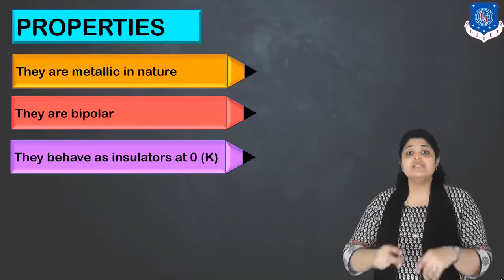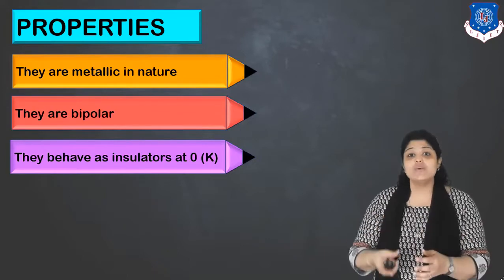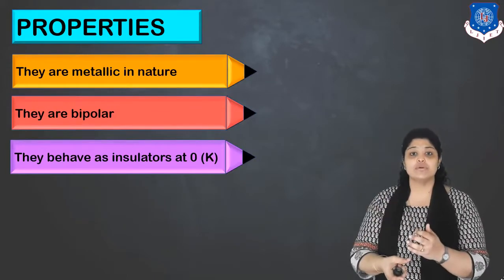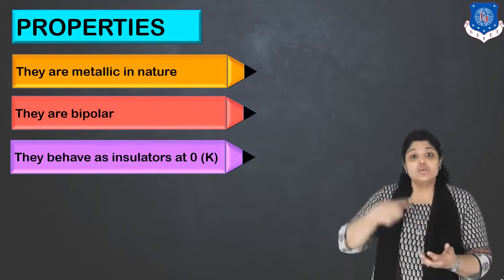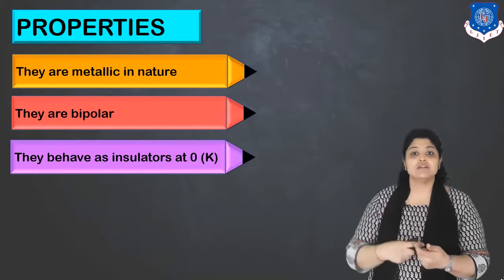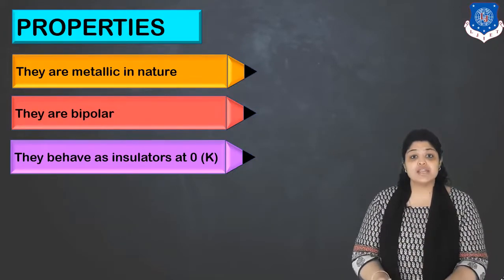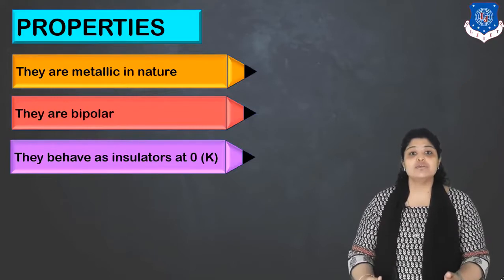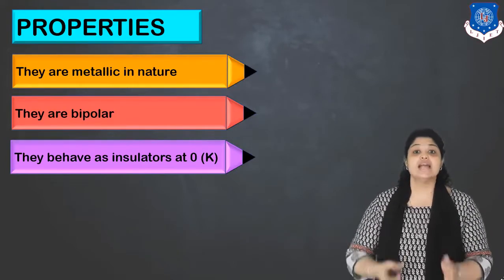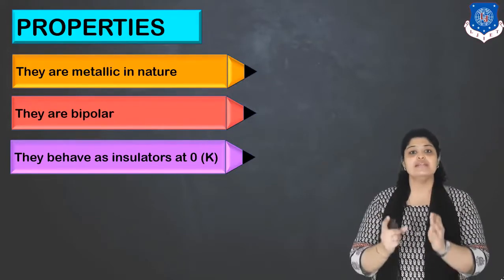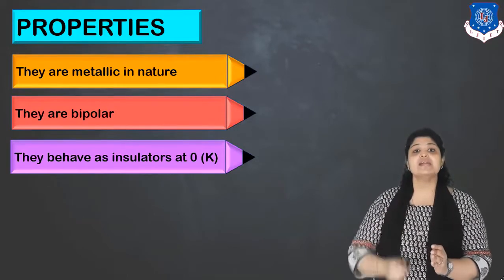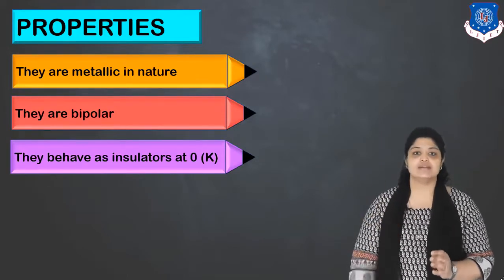But 0 Kelvin means no external energy. There is no energy for the breakage of covalent bonds. And so what happens? No electron will move to the conduction band. No atom is set free. And because there are no free electrons, there is no conductivity. And so if you talk about particularly 0 Kelvin temperature, we say that semiconductors behave as insulators.